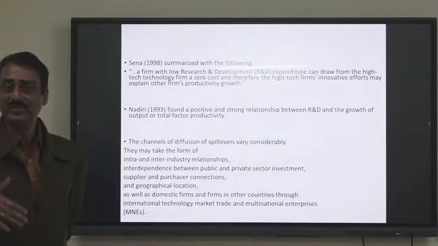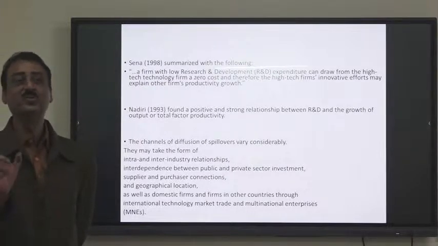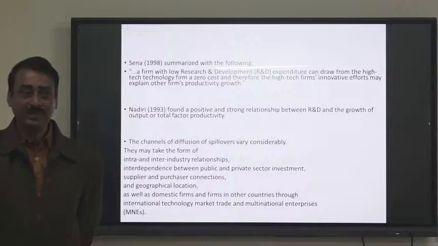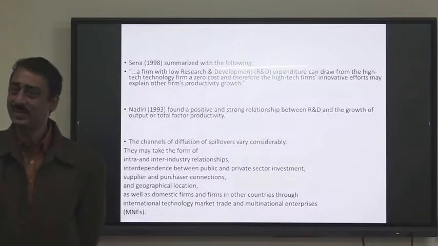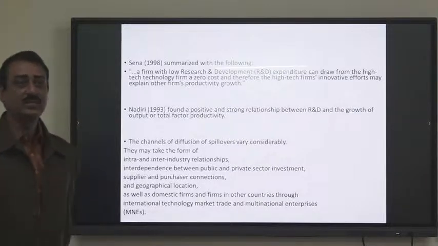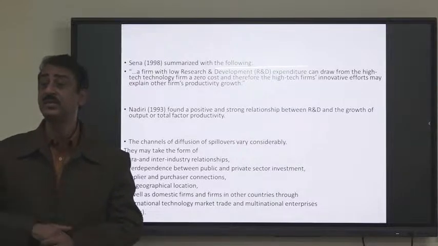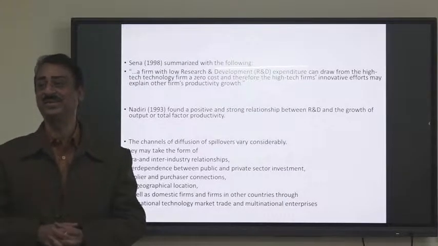Your staff will visit foreign countries, and that entire travel expenditure will be shown as research and development expenditure. You invite people from abroad, they will be residing in the hotels, that entire expenditure will be shown as research and development expenditure. And why do they show such high figures under the research and development head? Because the government will give you a lot of tax benefits.